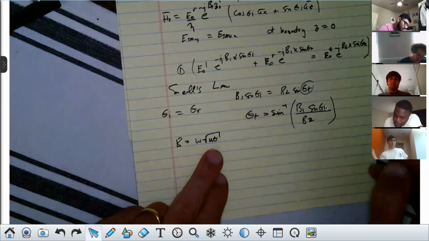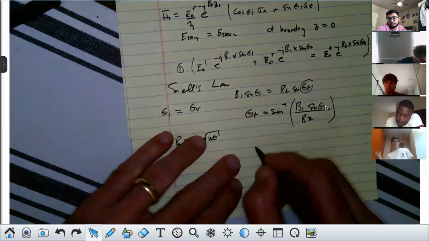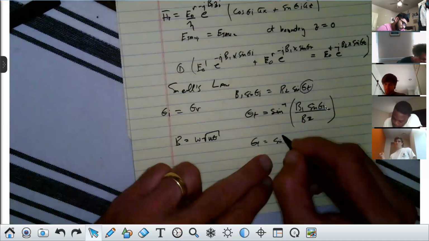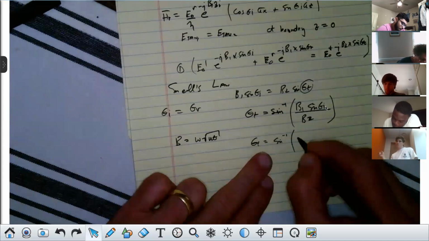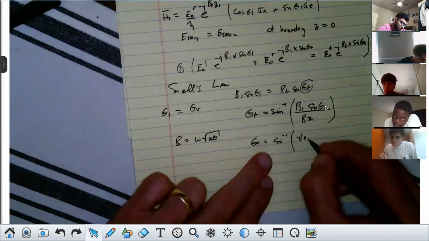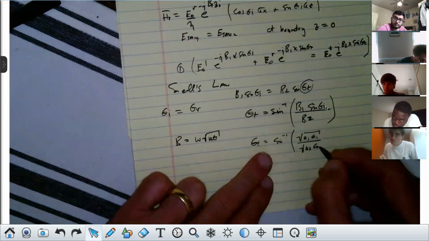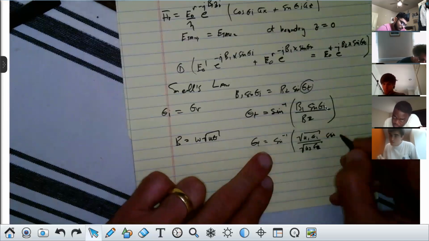Now, if I put that in there for 1 and 2, then I get theta transmitted is equal to the sine minus 1 of, I can forget about the omegas, the square root of mu1 epsilon 1 over the square root of mu2 epsilon 2 times sine of theta incident.